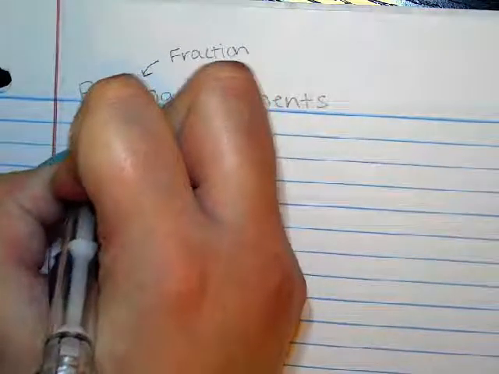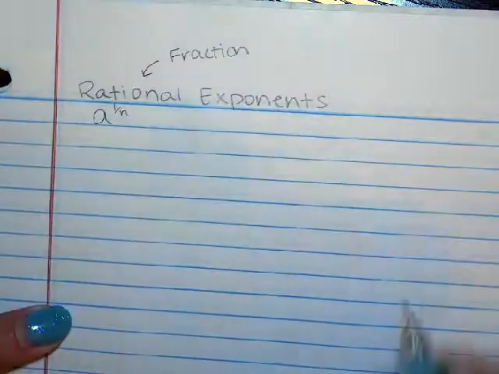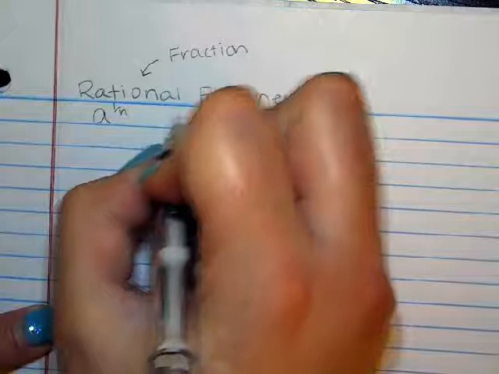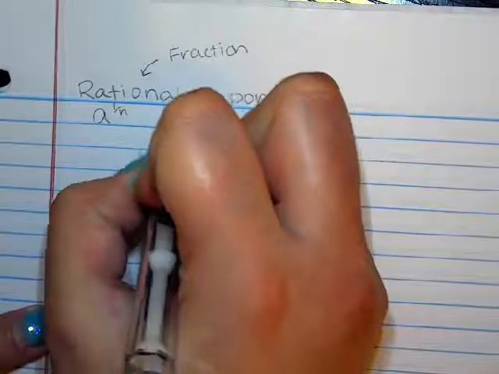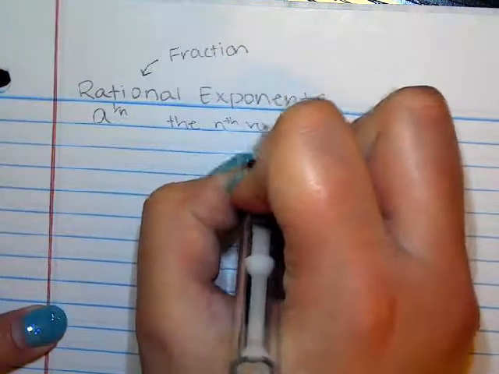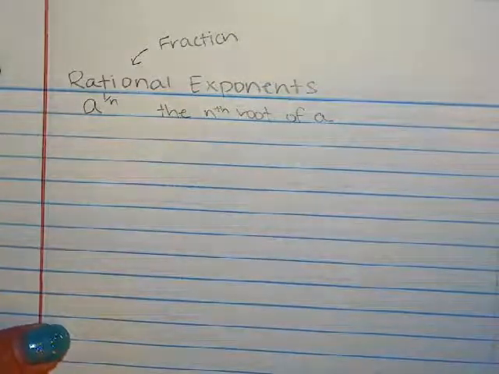They could be written as a to the 1 over n, which is the nth root of a.